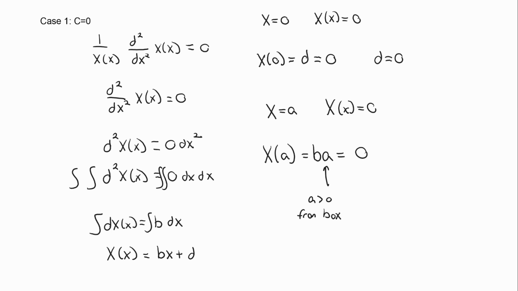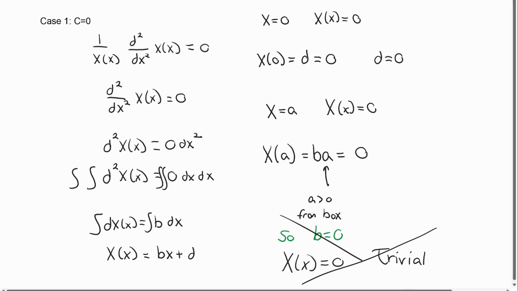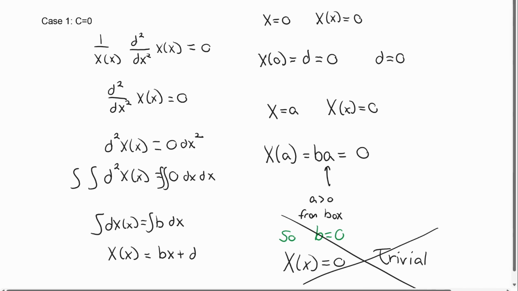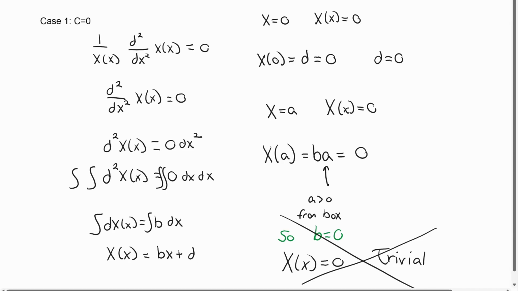So b has to be 0. And so the only function that satisfies case 1, where our constant is equal to 0, is that our whole function of x is equal to 0. So this is trivial. This is not our solution. So case 1 does not work for our solutions.